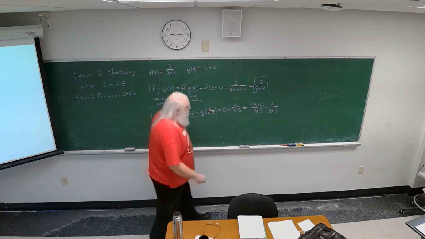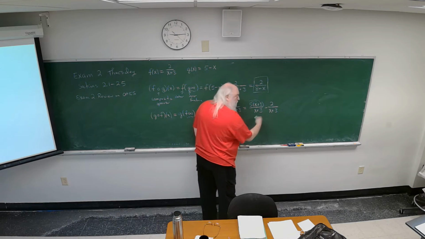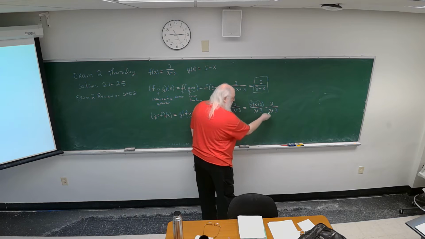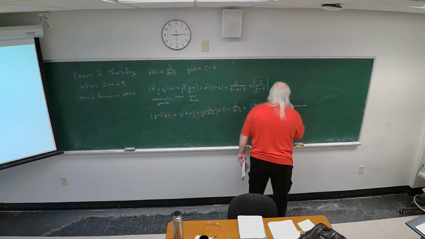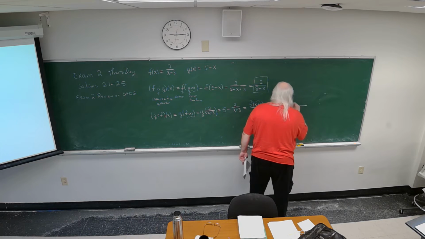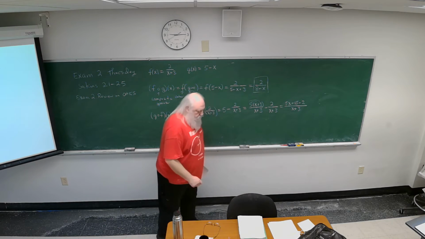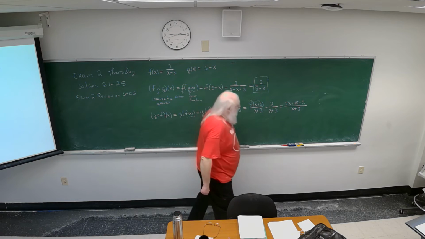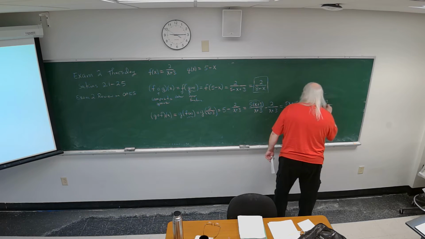And now you distribute, right, 5 inside the parentheses here, and we can combine the numerators because we have a common denominator now. So this is equal to 5x plus 15 minus 2 over x plus 3. 15 minus 2 is 13. So this simplifies to 5x plus 13 over x plus 3.